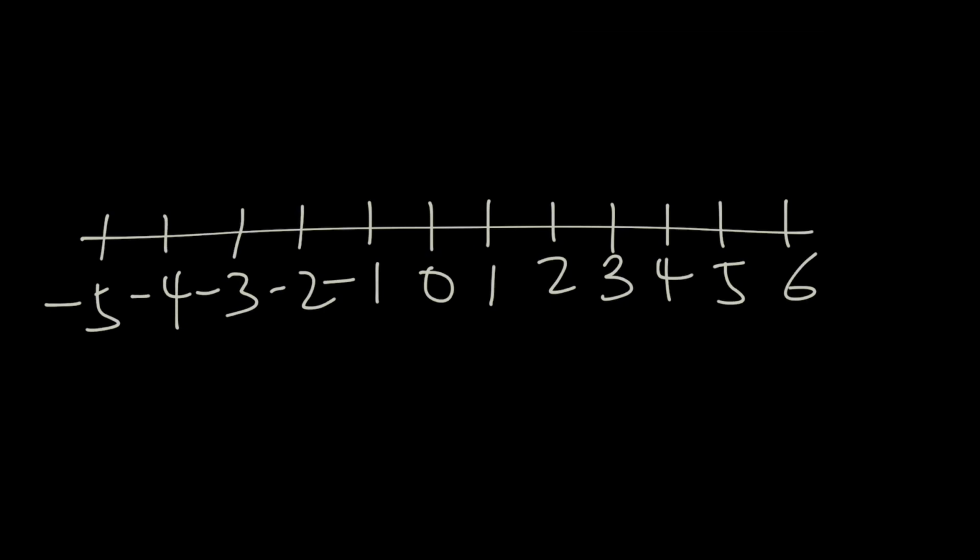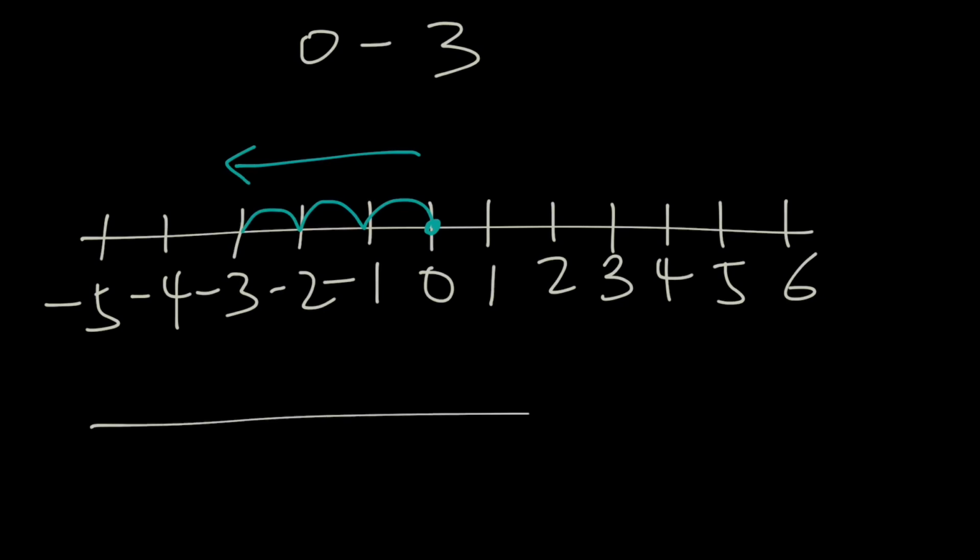And so, for example, if I was to start at 0, and I say I'm going to take 0 minus 3, then I would simply go 1, 2, 3. That's going left. And on my number line that I drew earlier, I would simply go like this, and then go 1, 2, 3.